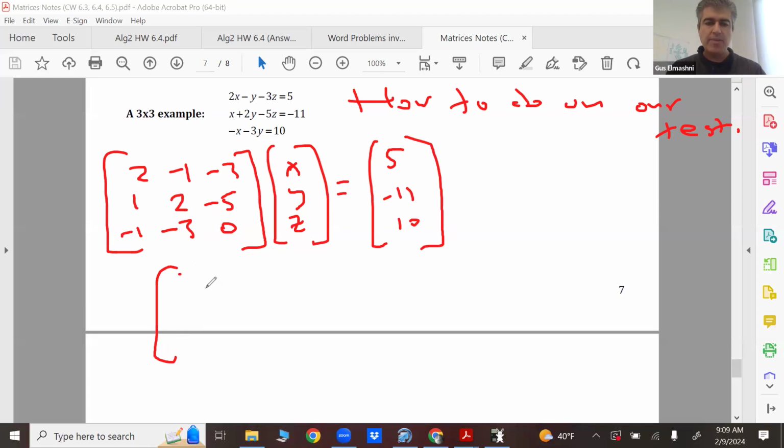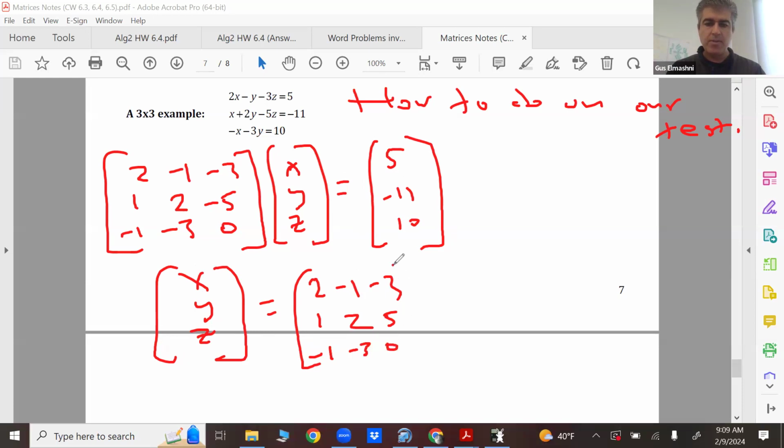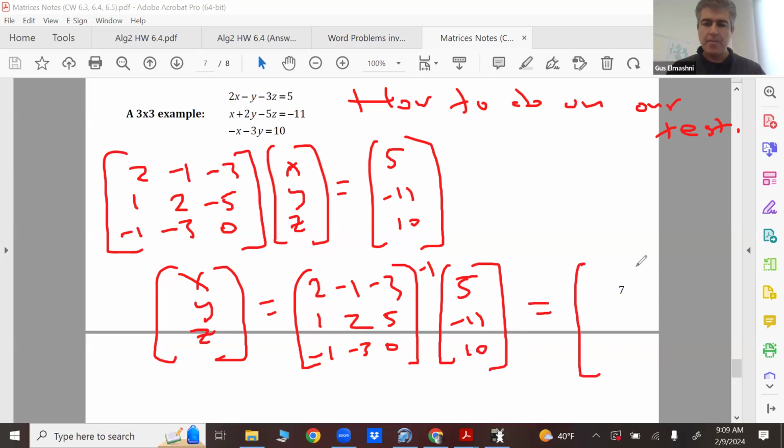Then you're going to do X, Y, Z equals the inverse of that coefficient matrix, raised to the negative 1 power, times 5, 11, 10. And then you just punch it in the calculator. That's what you need to show.